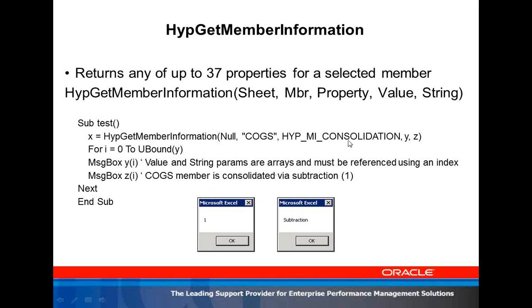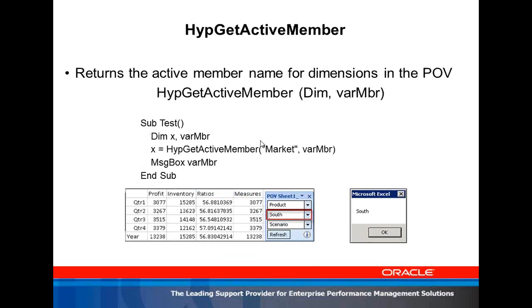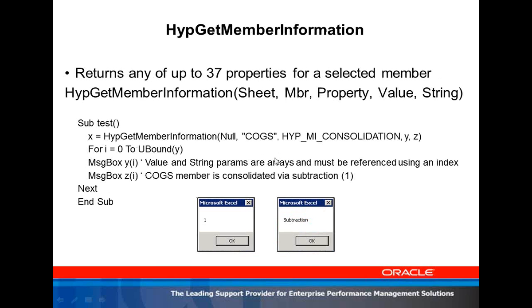I simply said, what is my consolidation operator for the cost of goods sold? I know that cost of goods sold is subtracted from my sales to produce my margin or whatever like that. I know it's a minus sign, but I'm just using this macro to find it out.